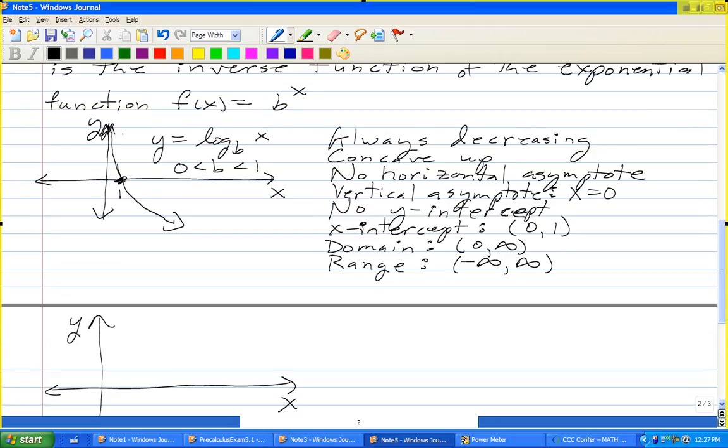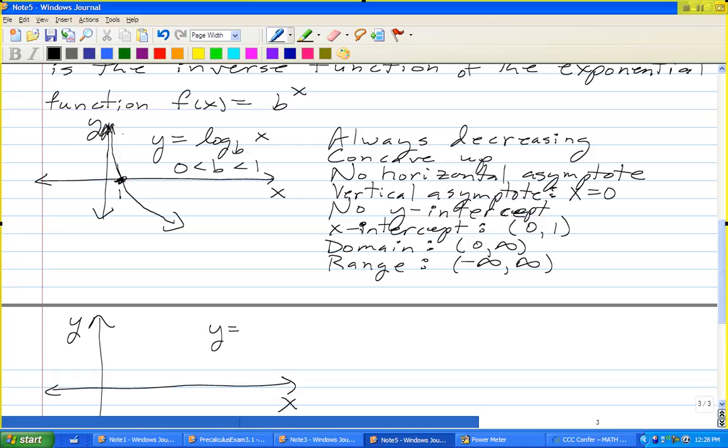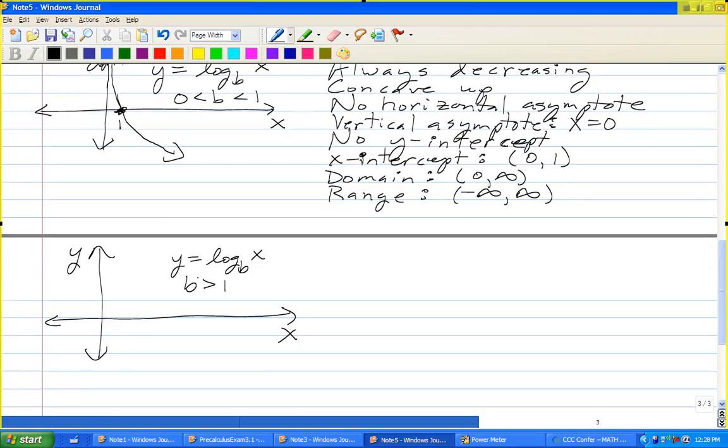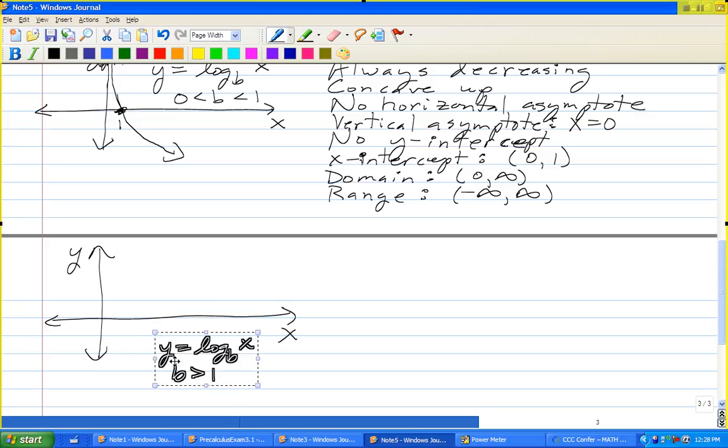Let's look at the graph of y equals log base b of x for b greater than 1.